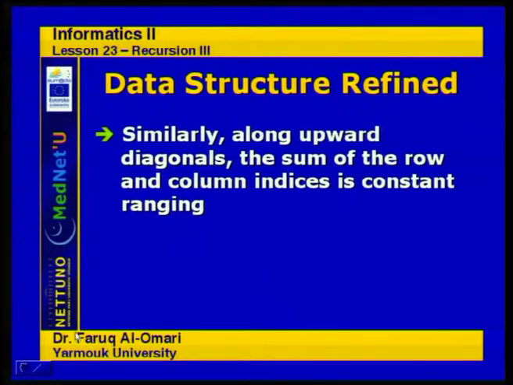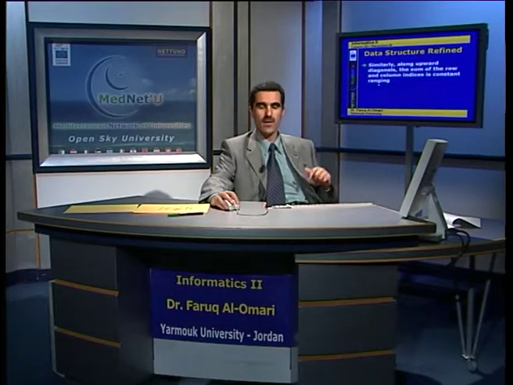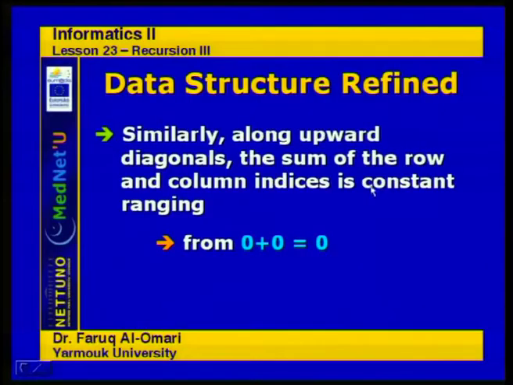So when I'm here, it's going to be 1 plus 0, or 7 plus 0, or 6 plus 1, and so forth. On any other diagonal, if we investigate these numbers, we're going to realize that I always have a constant sum of the row and column. So that's another way of checking for up diagonals. They start from 0 plus 0 to 7 plus 7. That goes to 14.